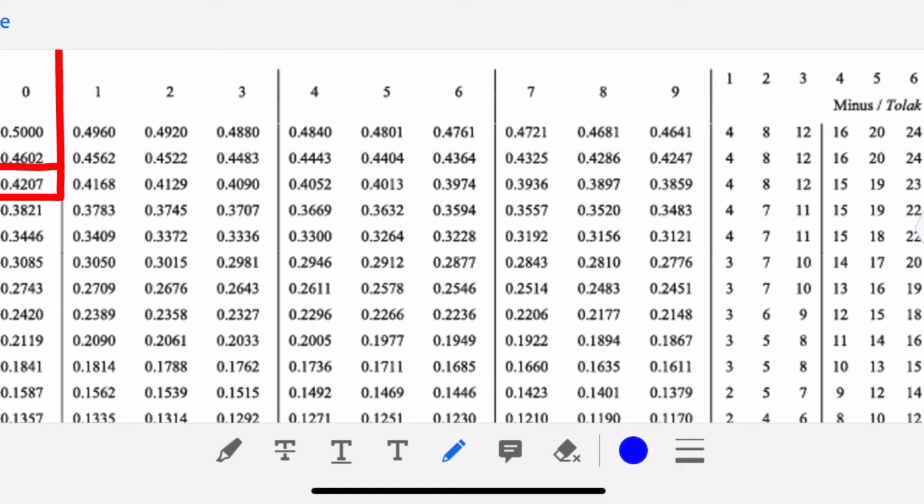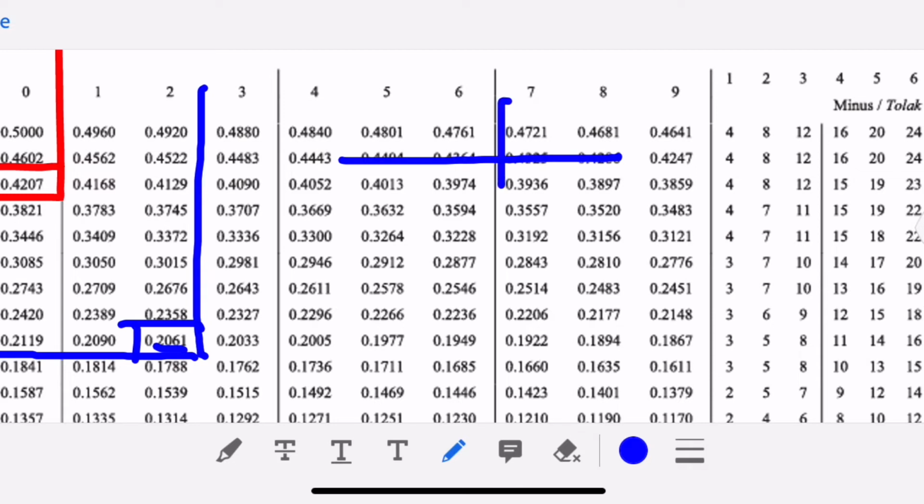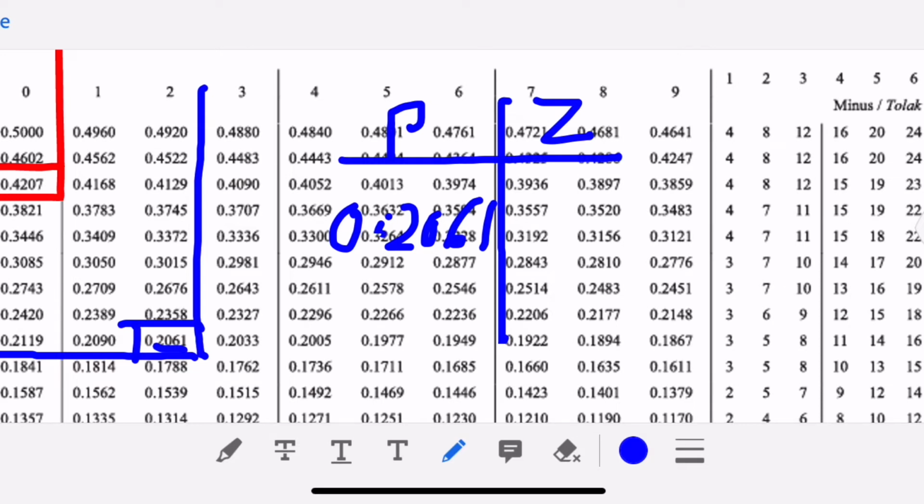Okay, I can see 0.2061 is the nearest, right? So I will draw the L shape like this. 0.2061. That means if I work out the P and the Z, I will get 0.2061, which is equivalent to 0.82.